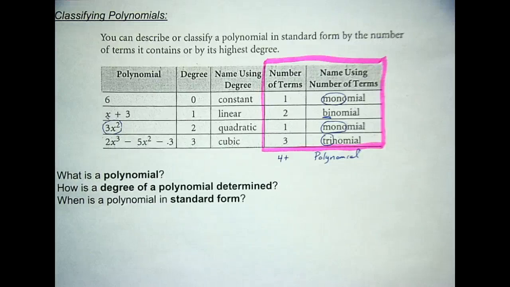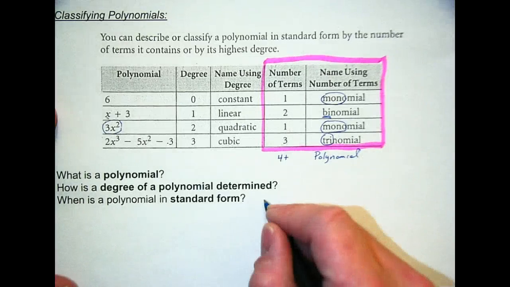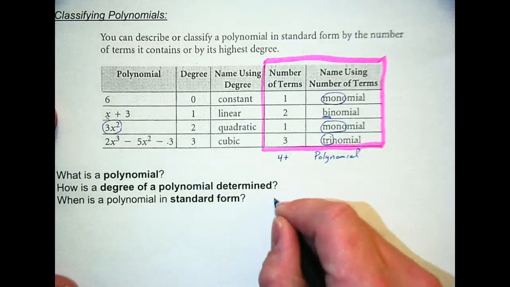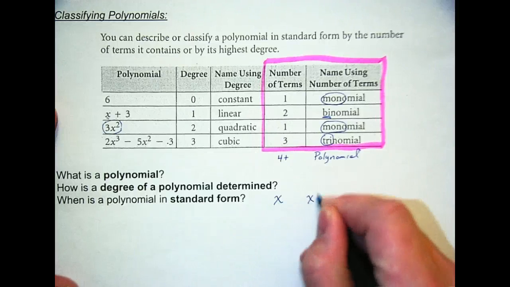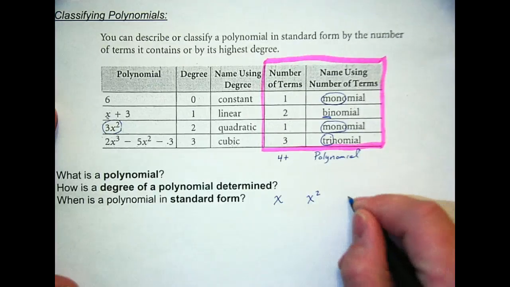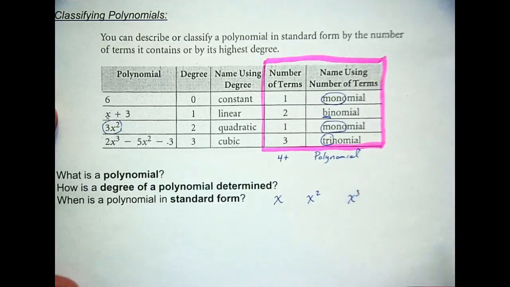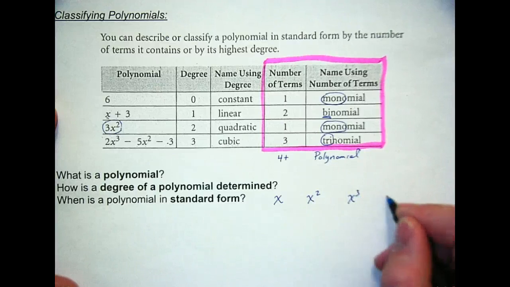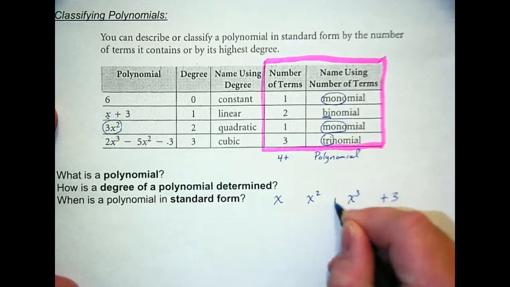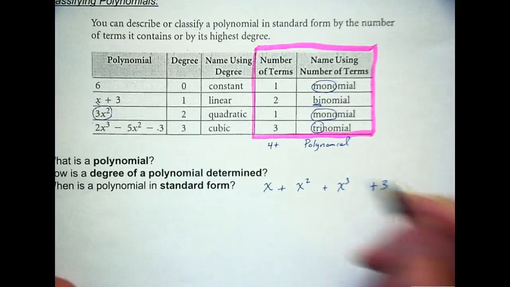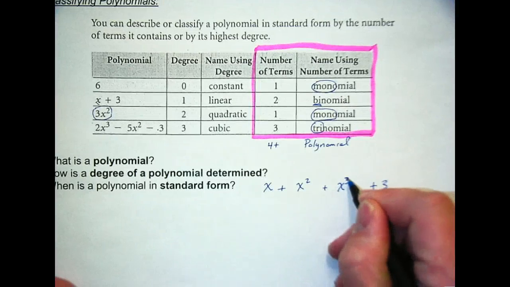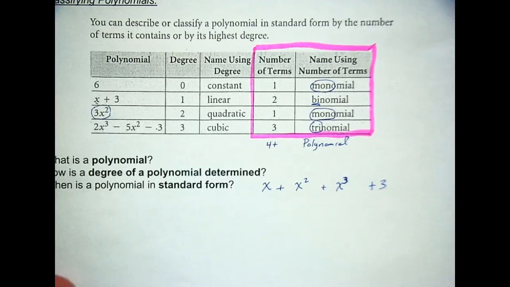All right. Degree is determined once you put it in standard form, where you look at your highest degree variable. So if, say, you had an x squared, an x cubed, and maybe a constant, let's put some plus signs in between those. Standard form means you're putting it in order from highest degree to lowest degree.